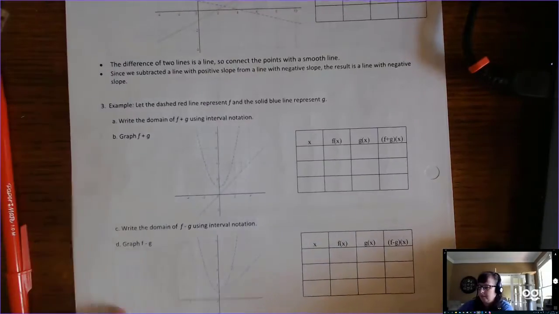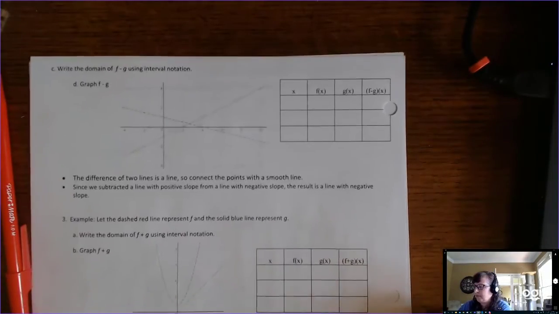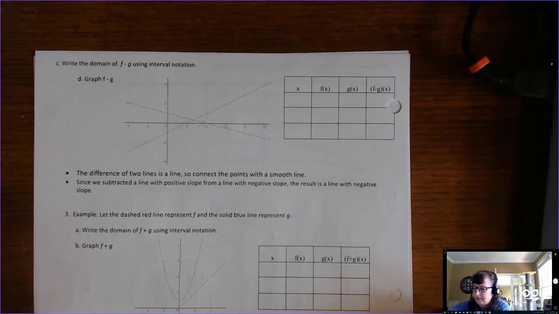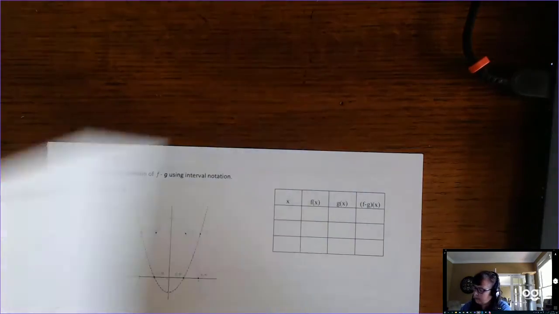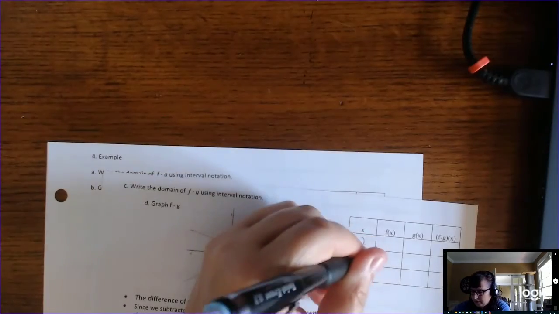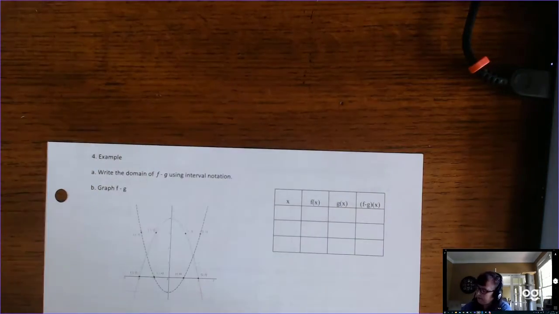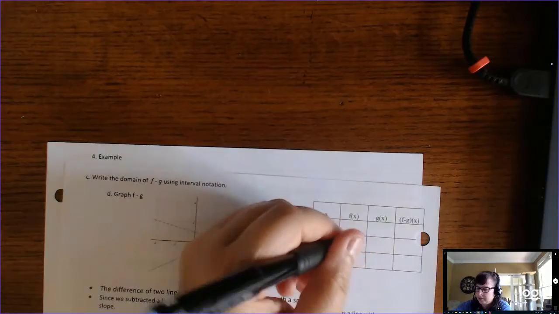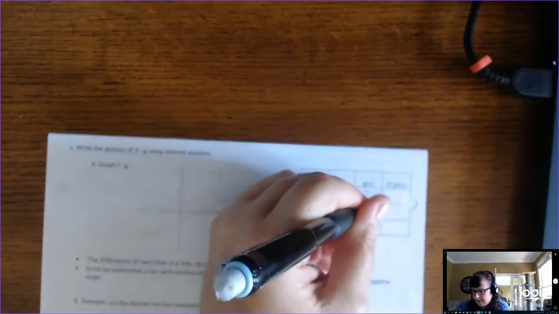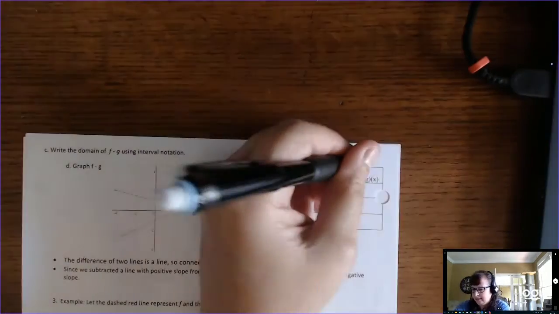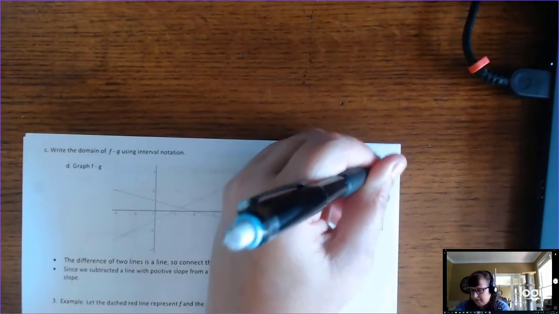Okay, so if we want to do the same thing for f minus g, same thing. It's the same line, so I'm going to steal these points: -2, 0; 4, 1.5; 0, 1; and -2, -1, 1. All right, so f minus g means f of x minus g of x.